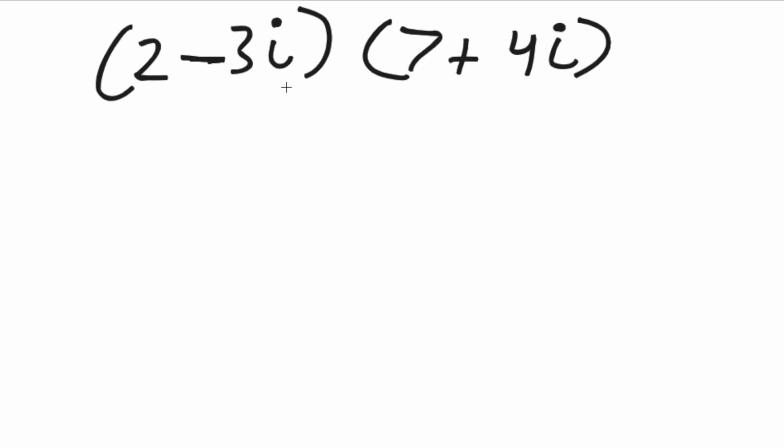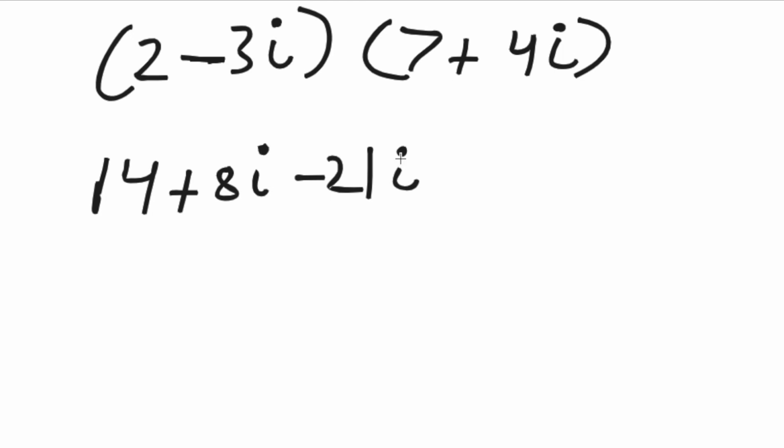Let's try another example here. We have parentheses 2 minus 3i, parentheses 7 plus 4i. In this case, our first rule is to remove the parentheses, so we have to FOIL. When we FOIL, we would get 14 plus 8i minus 21i minus 12.